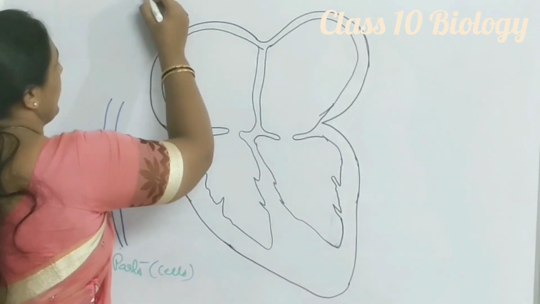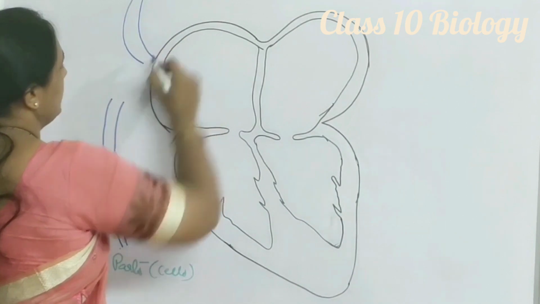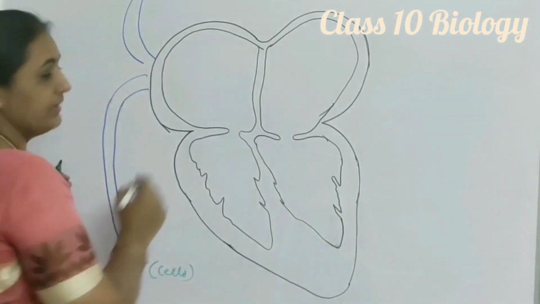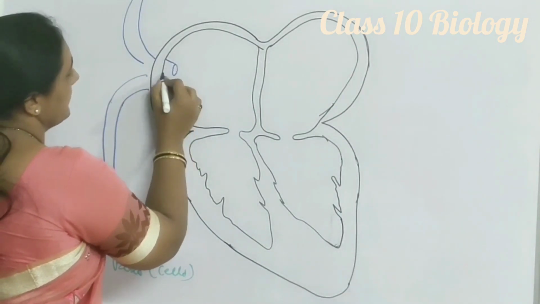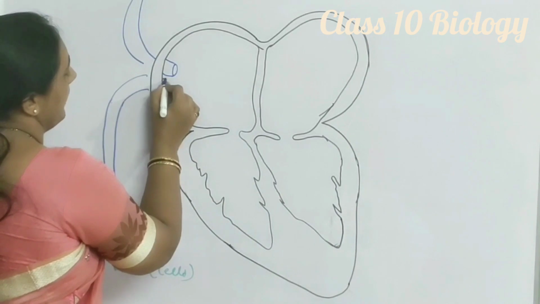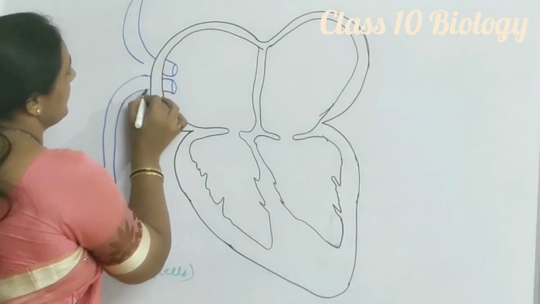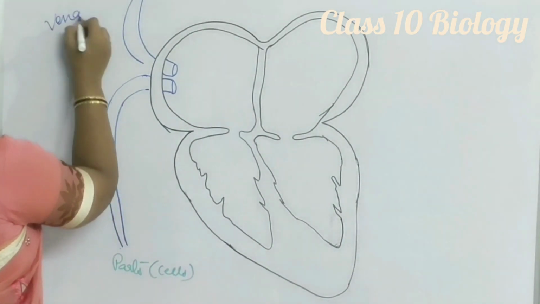There are two vena cavas. One comes from the upper side and another comes from the lower side. The vena cava which comes from the upper side is called the superior, and the one which comes from the lower side is called the inferior vena cava.